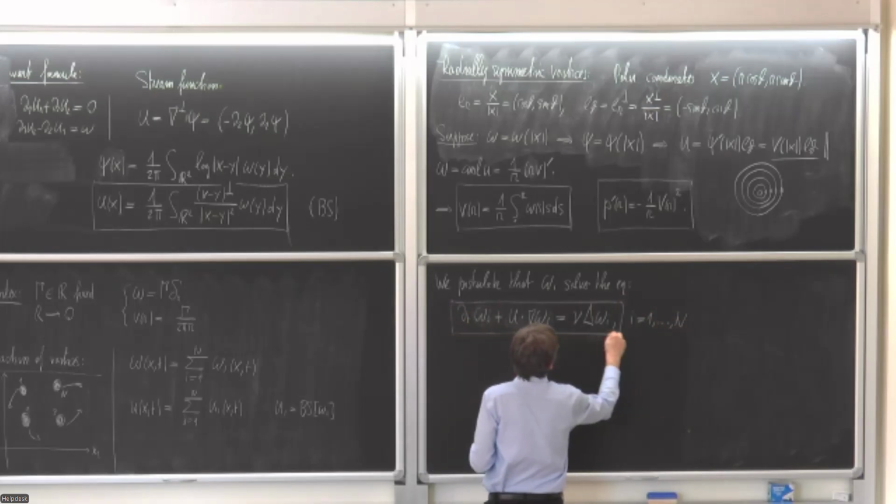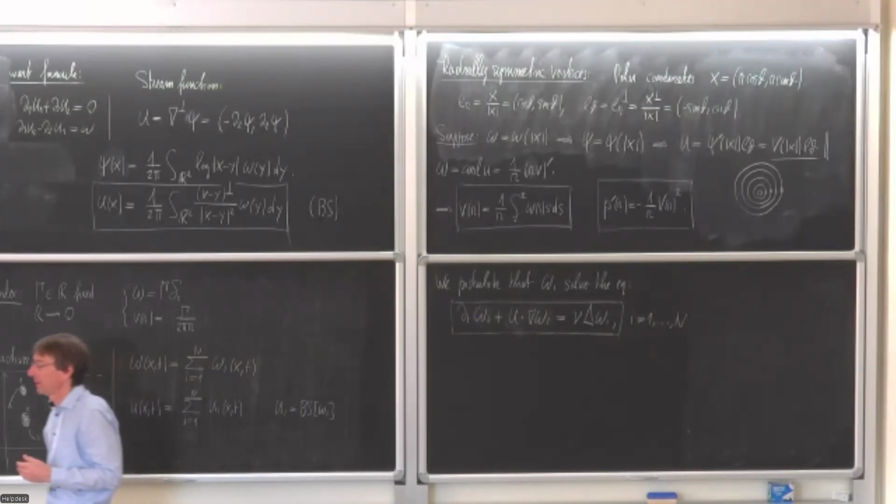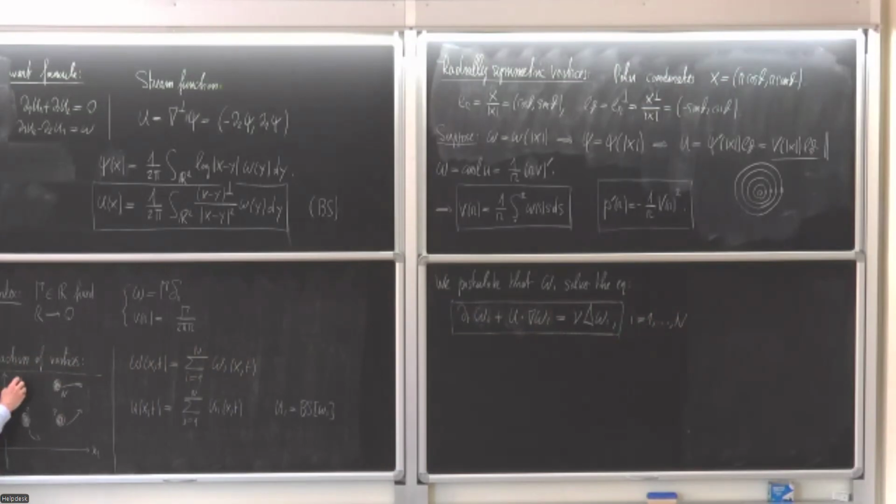Maybe the easiest way to explain that is to say the following thing. At initial time, t is equal to 0, when you start studying the system, you see that your vorticity is a sum of well-defined vortices. So you label these vortices by omega_1 to omega_N, the best you can.